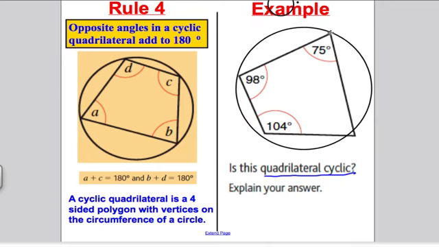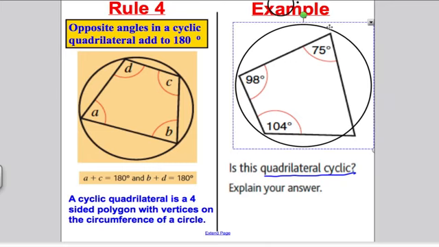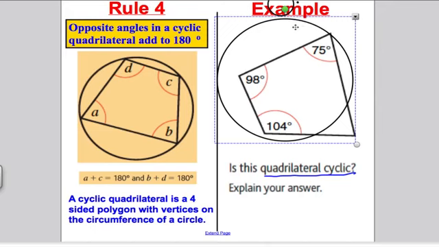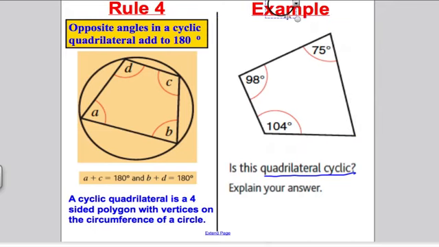Could I do that? Well, I'm trying to do it here with a circle. I'm not getting much success, but that's not a proof. That doesn't tell us anything. What we do know is if it was cyclic, the opposite angles had to add to 180. Now that one and that one add up, when you add them up, they add to 179 degrees. They don't add to 180, so they can't be cyclic. So the answer to this is no.